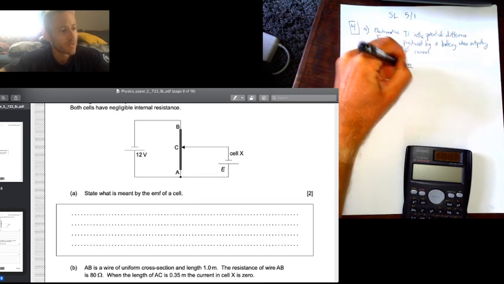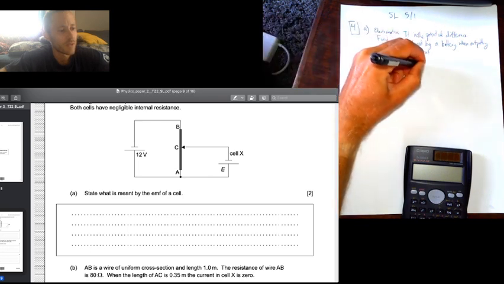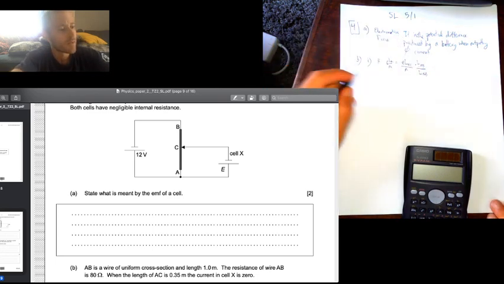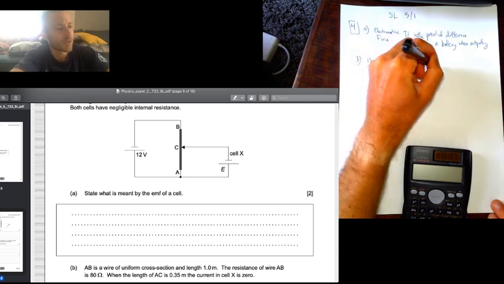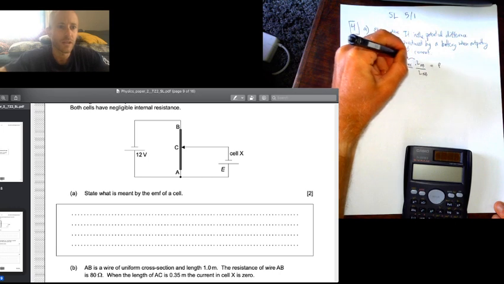So I have rho L over A times the length of AB over the length of AB. Then I'm going to rearrange this again. I'm just going to flip these two positions.